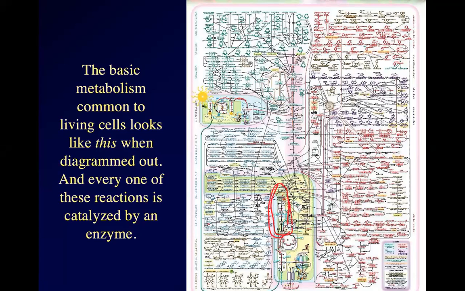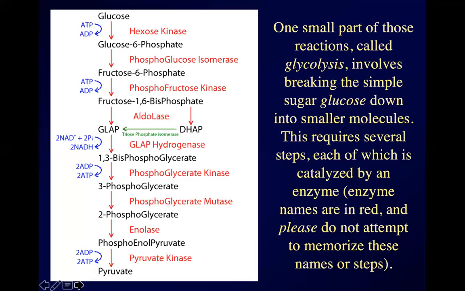If you were to take those chemical reactions and zoom in on them, they would look like this. By the gods, don't try to memorize these names or these steps. The most basic fuel that typical cells use is a simple sugar called glucose.